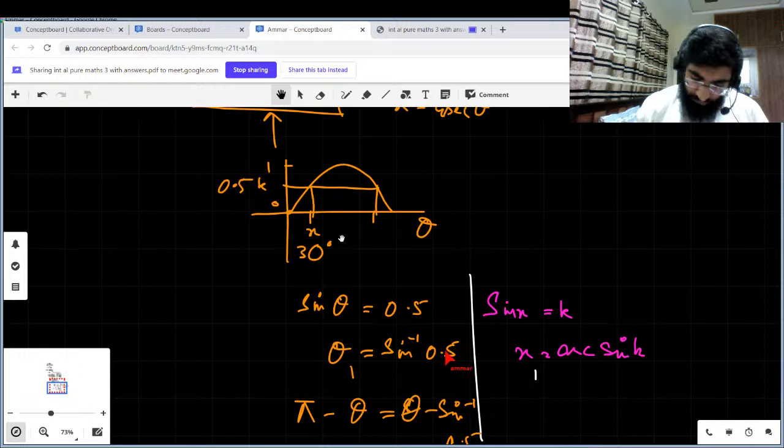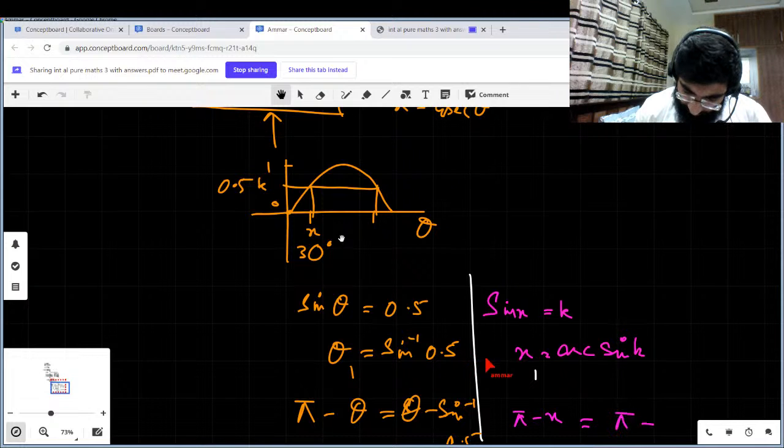On the right hand side, in the form of x and arc sine, pi minus x, this is the value that I'm trying to find out, is equal to pi minus arc sine k.